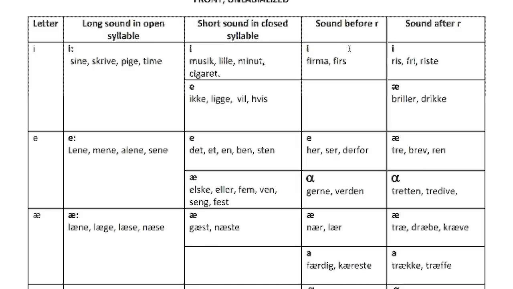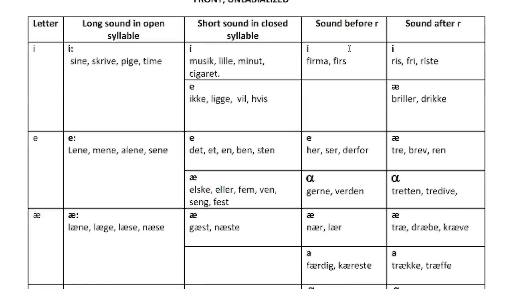The next step is the sound before R and after the letter R. Why is it so important for the Danish language? The reason is that this letter is capable of changing the quality of the Danish vowel. And in some positions we can see one letter, but the sound will be different. So if the letter I occurs before R, it is pronounced as sound I, the short one, for example, firma, firs.